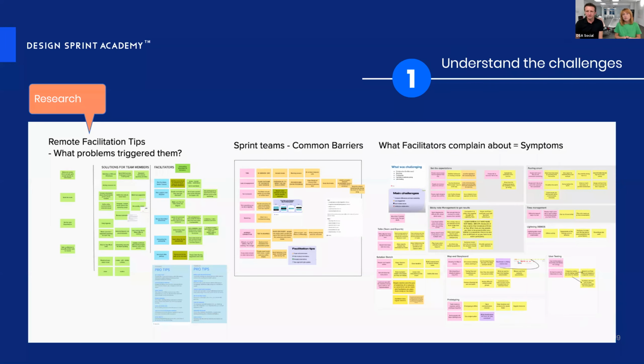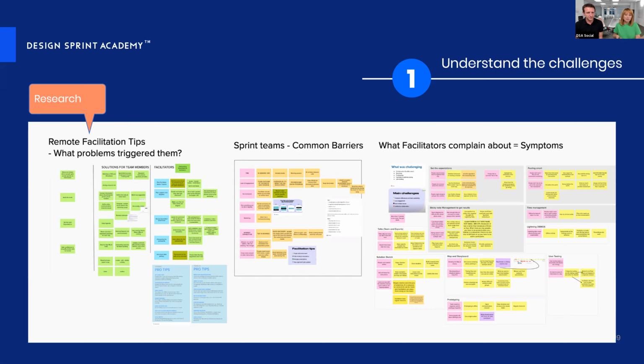But we decided to look at this information with the doctor's hat on, and we looked at all the facilitation tips and advice as the pills, or the medicine, that other facilitators use to deploy. And then we looked at all the problems and challenges as the symptoms, like what do they see and what type of pills do they provide in order to fix those symptoms. And that helped us gain an overview of what's going on and how the entire ecosystem looks.